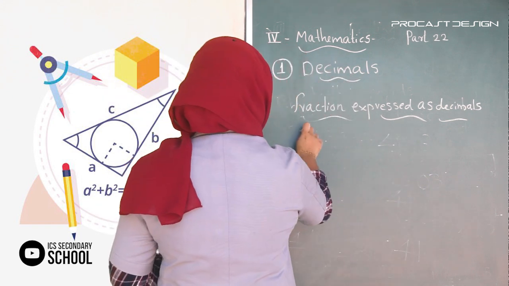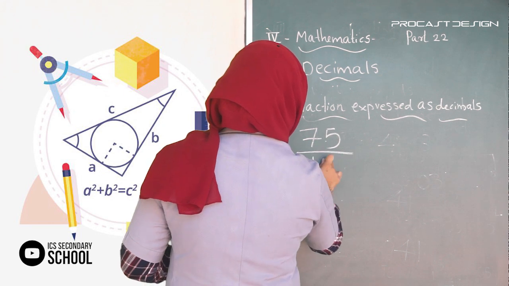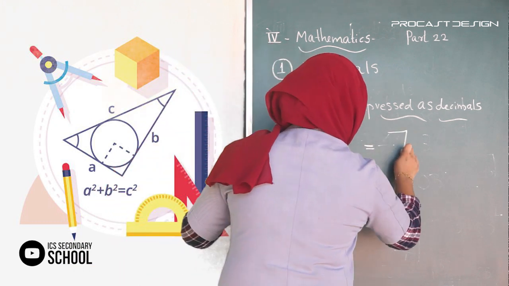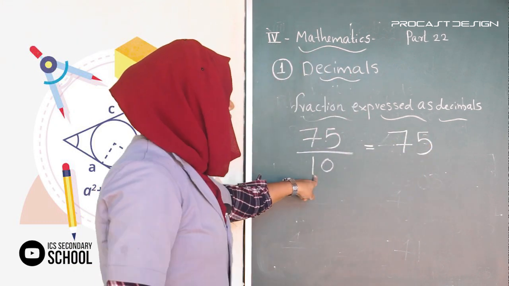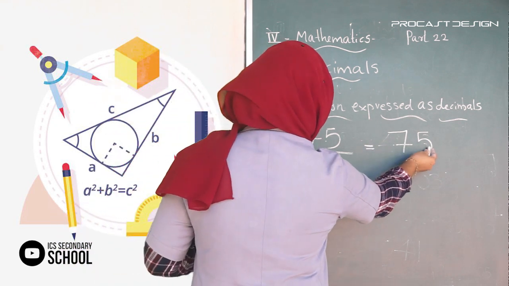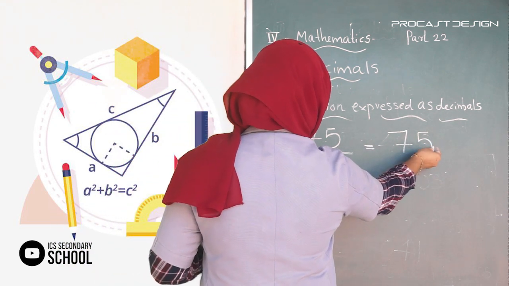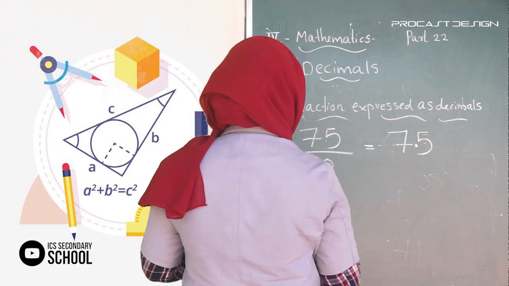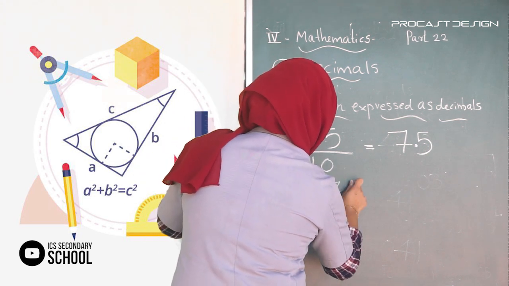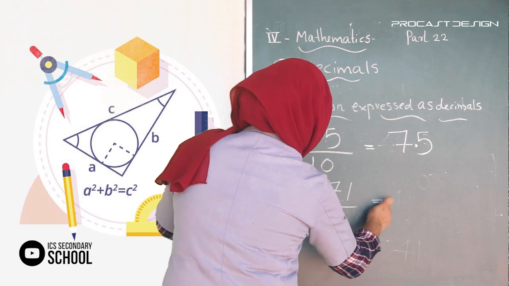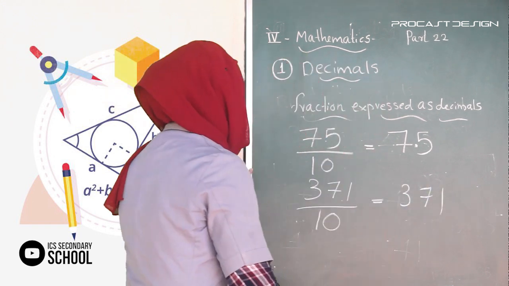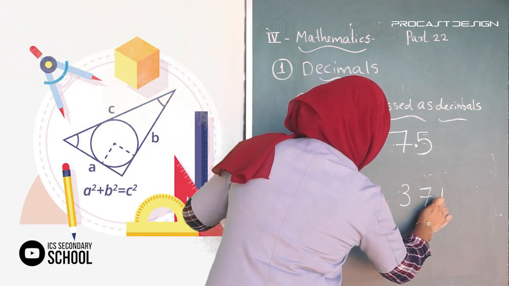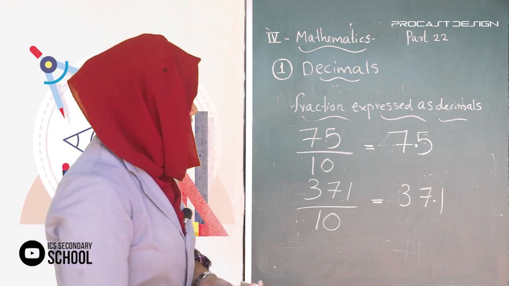We have some more examples. 75 by 10. So we write the 75 first, then only 1 zero is there. So we count from the right of the digits, and after 1 digit we put the point. We write the numerator first, only 1 zero, so after 1 digit from the right. Is it clear?